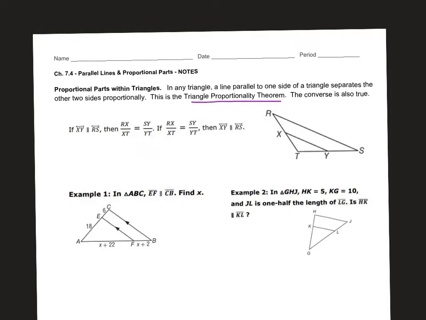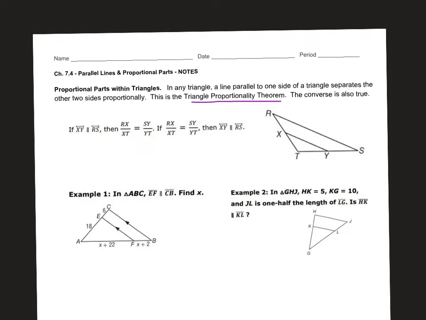Or, if rx to xt has the same ratio as sy to yt, then xy must be parallel to rs. We're going to use this to establish proportionality within the triangles.